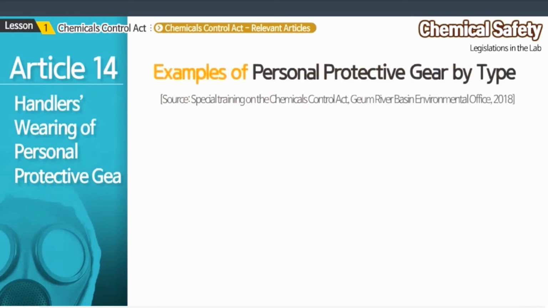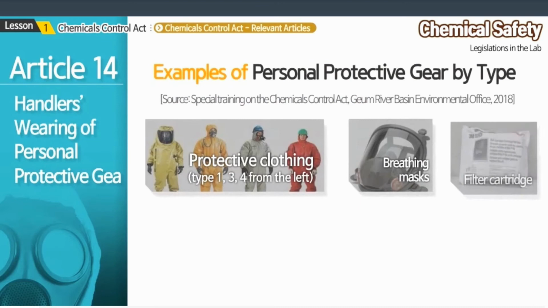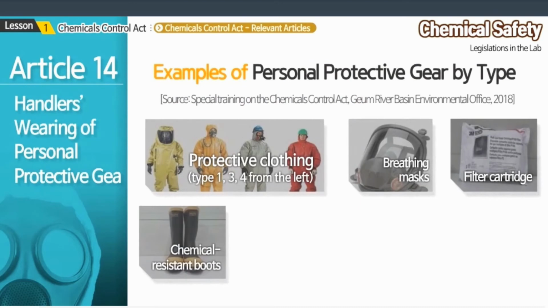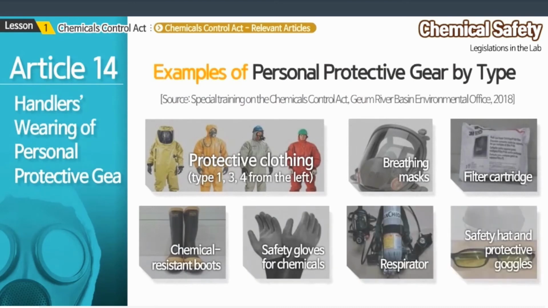Personal protective equipment include protective clothing for chemicals, breathing masks, filter cartridges, chemical-resistant boots, safety gloves for chemicals, respirators, safety hats, and protective goggles. Meanwhile, disaster prevention items include sand that can be used for containment and counteragents.